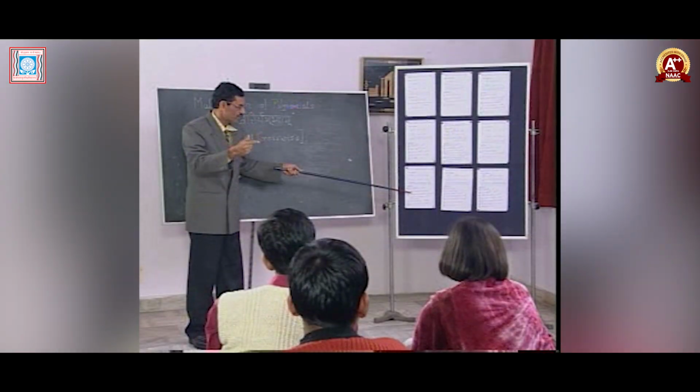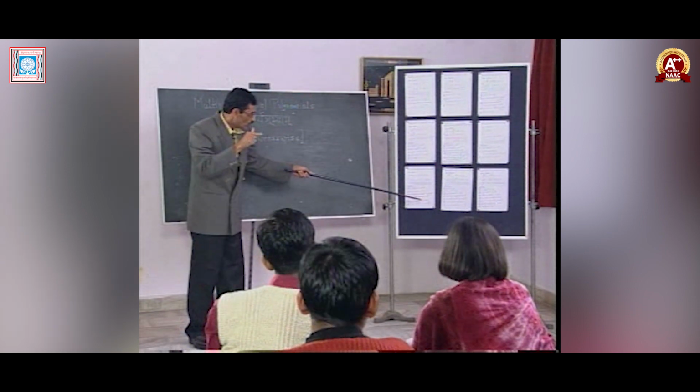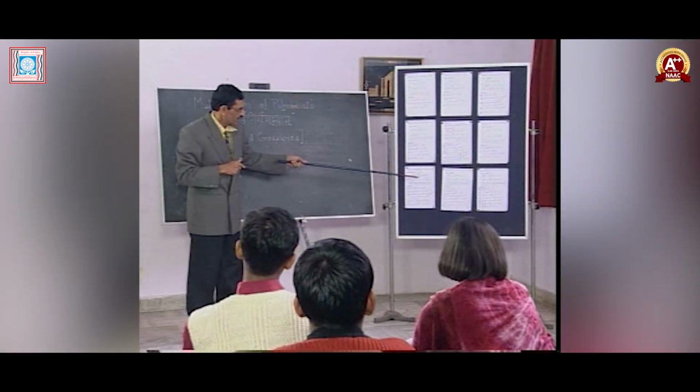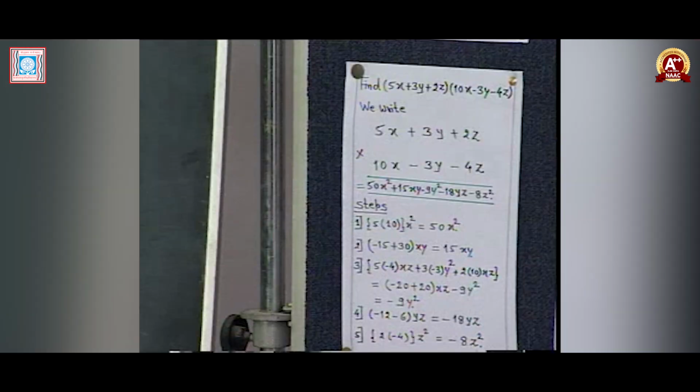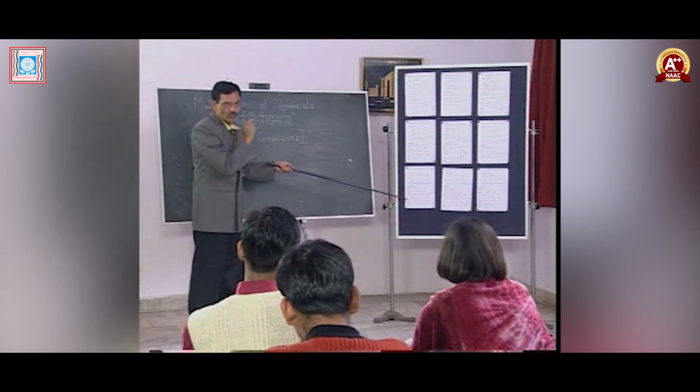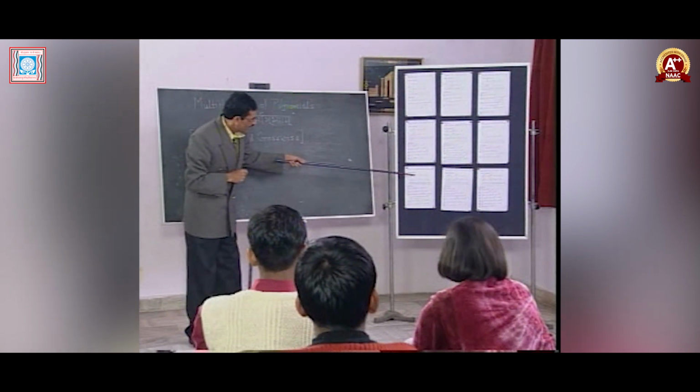So minus 20 plus 20, that gives 0xz. And the middle term multiplication plus 3 into minus 3, that will give minus 9y square. So finally we get only minus 9y square as our third term, because minus 20 plus 20, the coefficient of xz, reduces to 0.